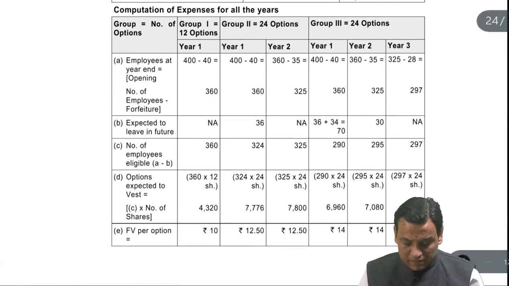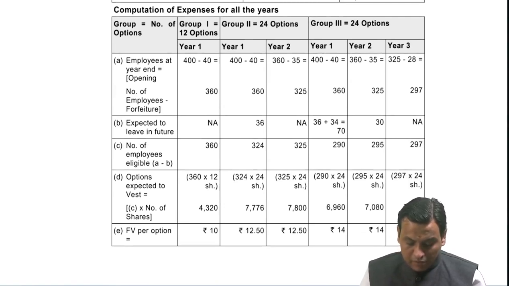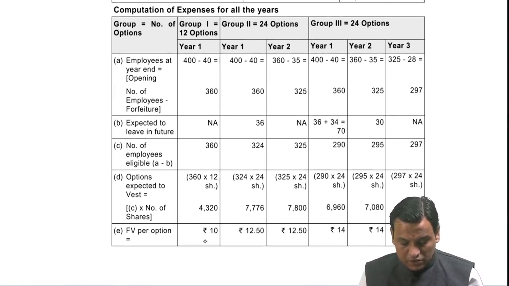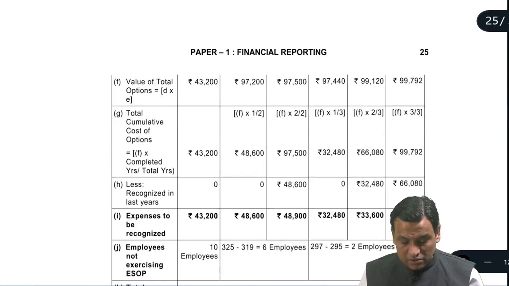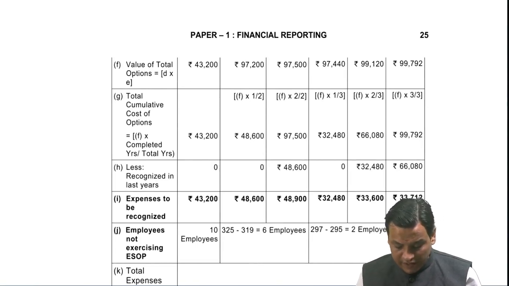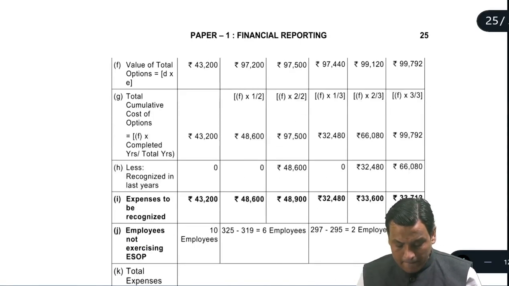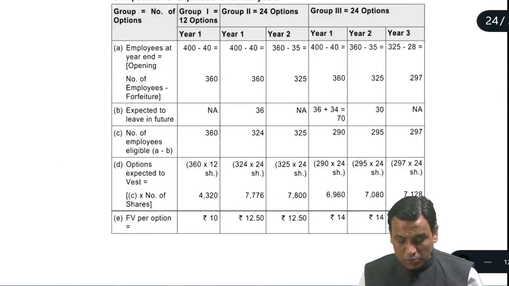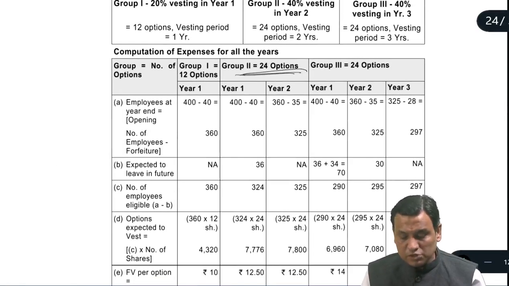360 employees into number of options 12, so fair value is 10, so we get 43,200. The whole amount will be recognized as an expense. As far as group 2 is concerned, there are 24 options, year 1 and year 2.